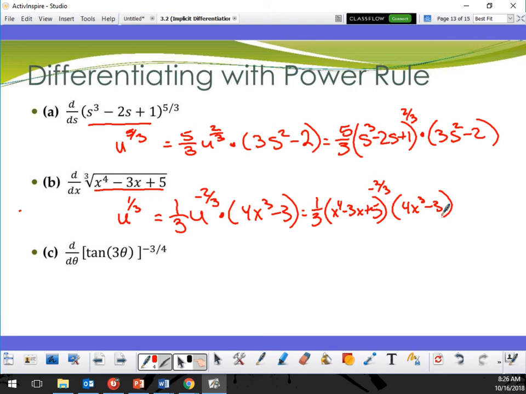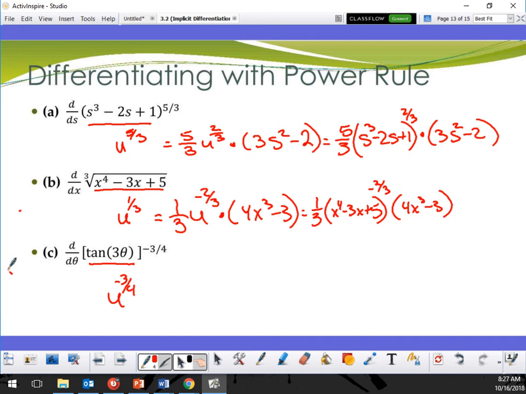Now, the next piece is going to be kind of a pain because it's actually 2 chains. So let's go ahead and I'm going to call all of this u. Like I said, this is going to be 2 chains. So it's u to the negative 3 over 4, right?